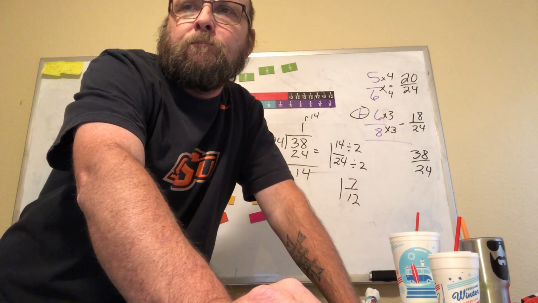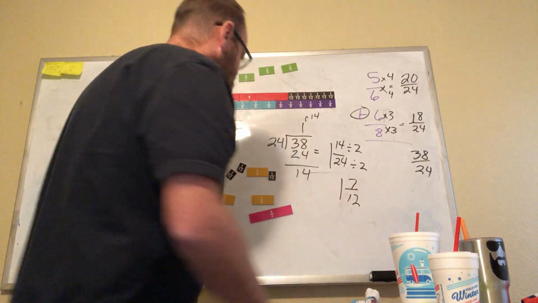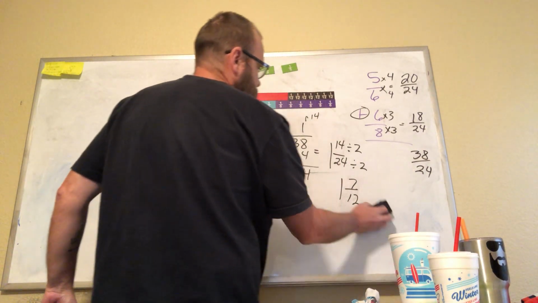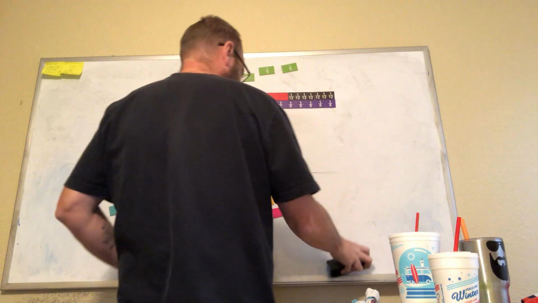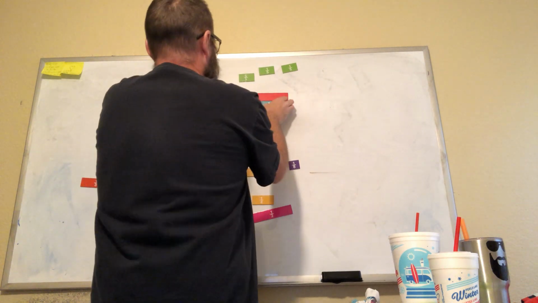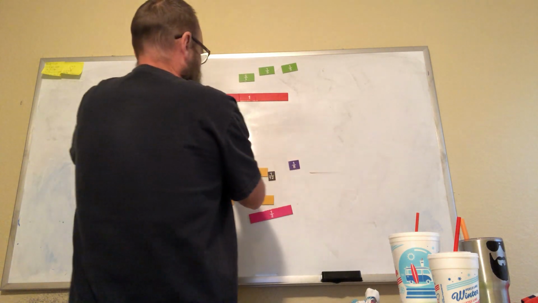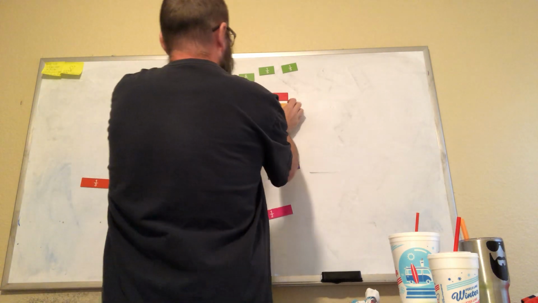All right, Layla, you have a question. There was one more? Oh, yeah. All right, tell me, Layla, let's do this. 1/6 plus 3/4. Let's see. 1/6 and 3/4. 1/4, 2/4, 3/4.